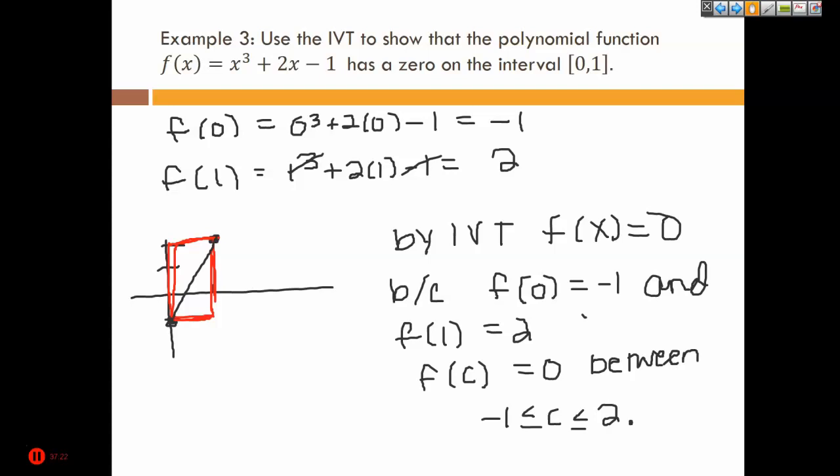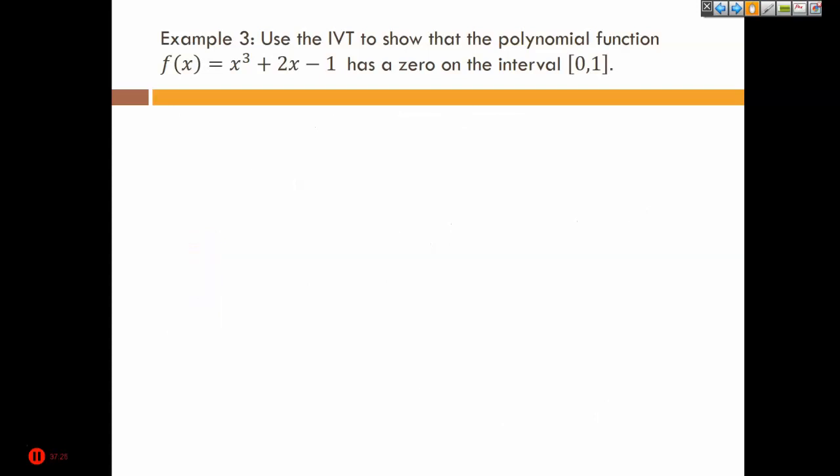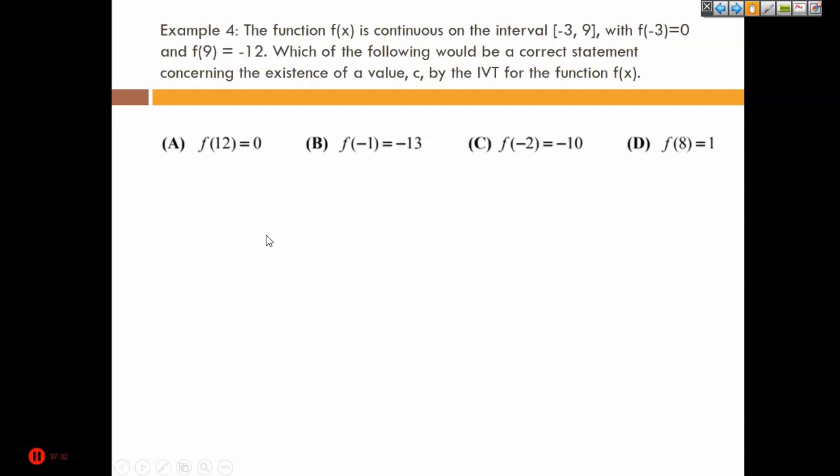Okay. The function f of x is continuous on the interval -3 to 9, with f of -3 equaling 0 and f of 9 equaling -12. Which of the following would be a correct statement concerning the existence of c?